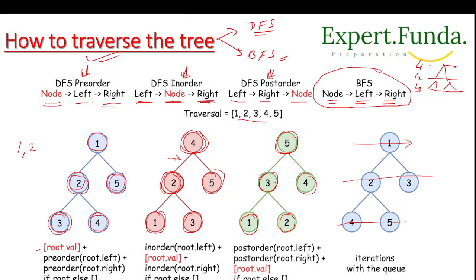So it's very important to know how we can traverse the tree. Not just for this problem, but any problem that you are going to do in the future in tree traversal, either you will use In-order, Pre-order, Post-order, or you will use BFS. So it will help you to understand the approach, how you will go.